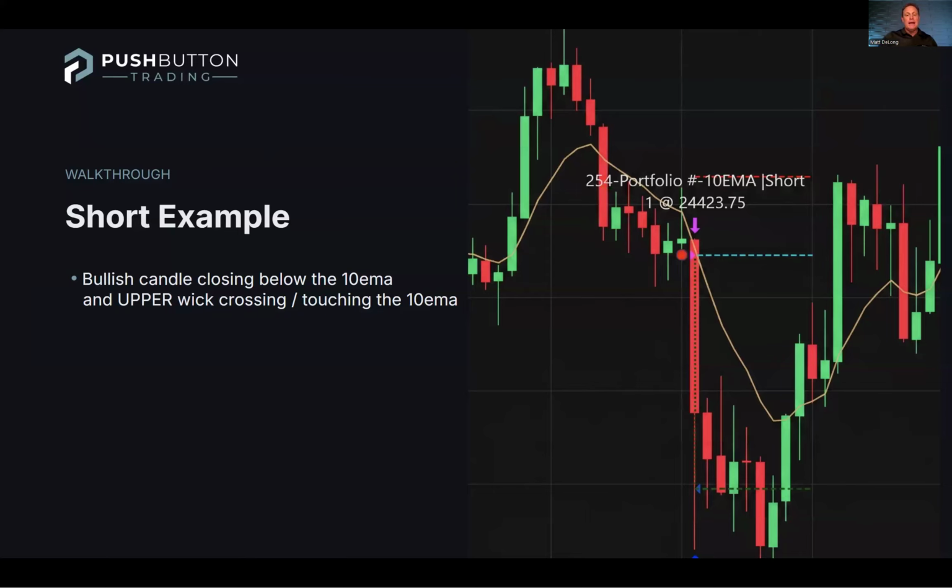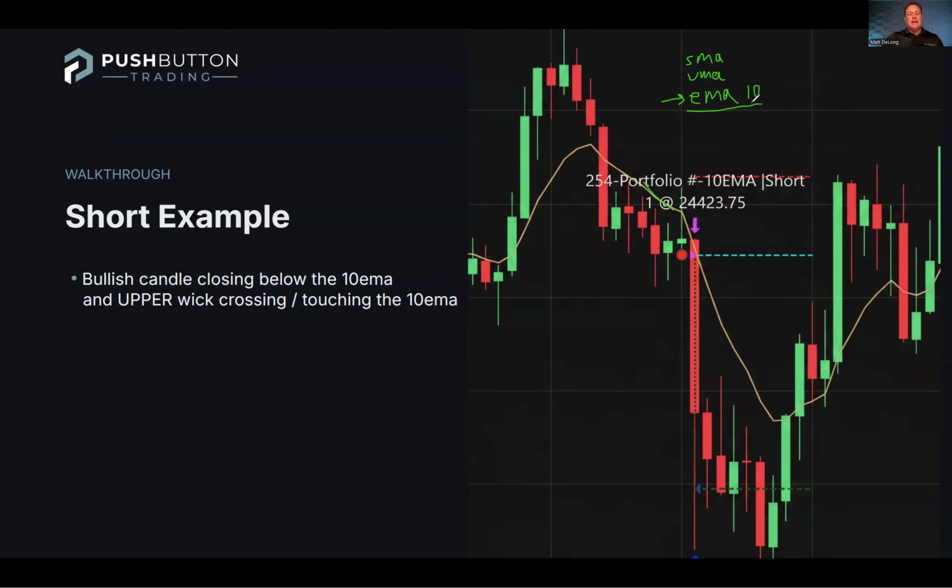And the 10 EMA again is basically a 10 exponential moving average. I'm not going to type all that out. When you add an indicator, you're saying what kind of indicator. There are different kinds of moving averages, like an SMA, and all kinds of MAs, but exponential moving average is what we're talking about here, the 10 EMA.